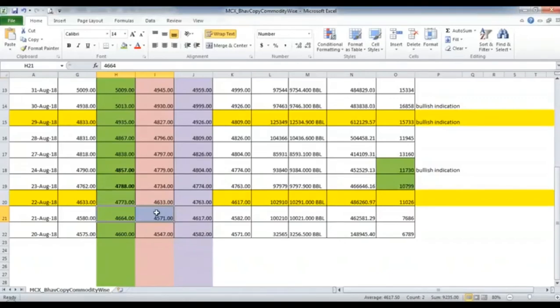Now on the very next day, there was an inventory, no doubt. Was this also a bullish indication? Yes, it closed above.